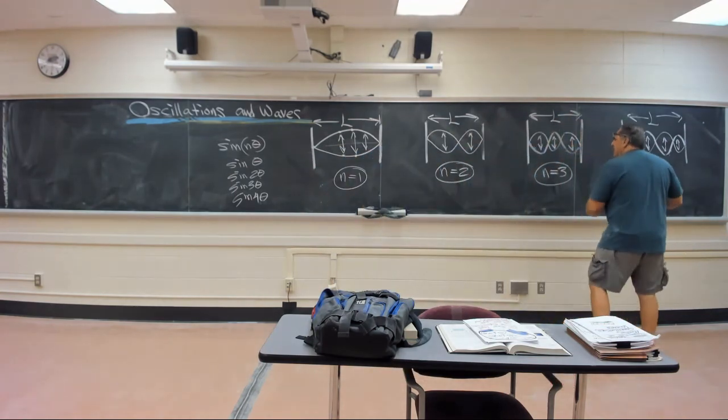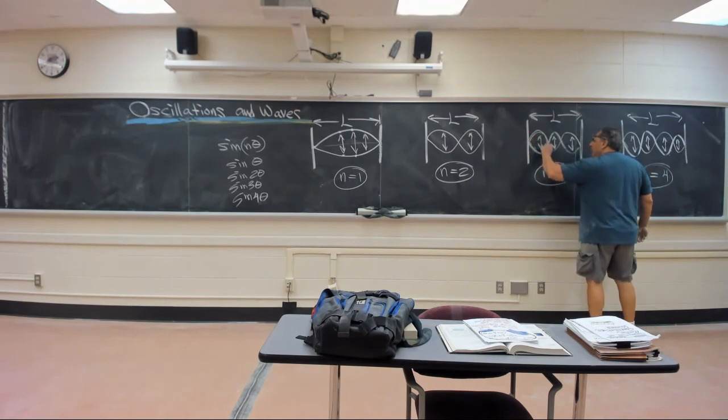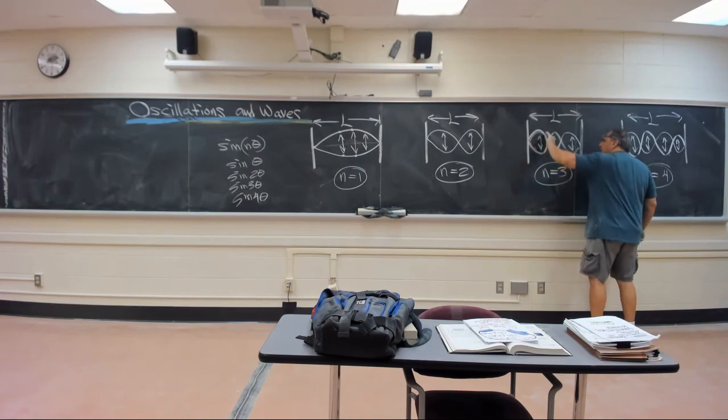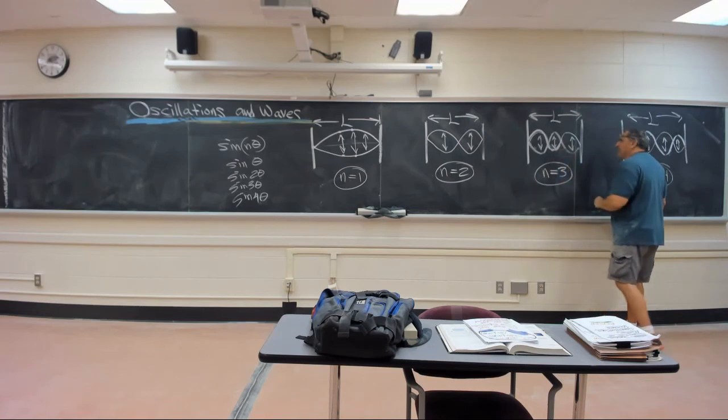The one with 3 hills will do a whole cycle at 2/3 L. This is L. It'll go 2/3 of the way across and do a whole cycle. So 2/3 of the way across. 1, 2, 3, equal parts of them. There's 2 here, mountain and low mountain, mountain and low mountain, whole cycle. 2/3 L is the wavelength.